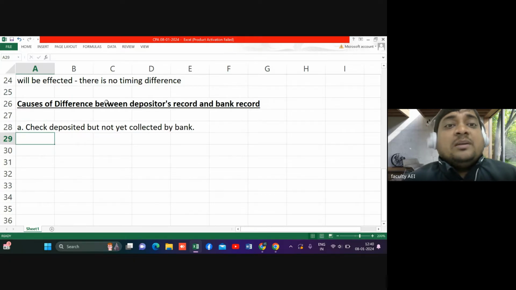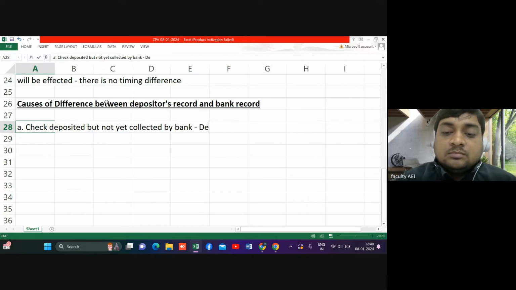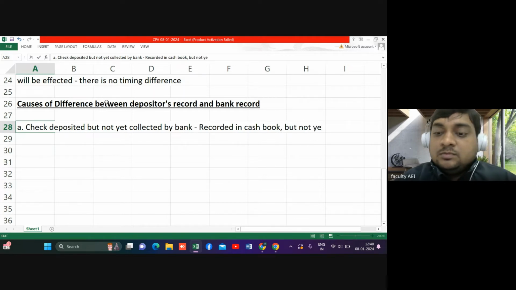So today only I have deposited, but it is not yet collected by the bank. So in this, what is happening? It is recorded in cash book, but not recorded by bank.